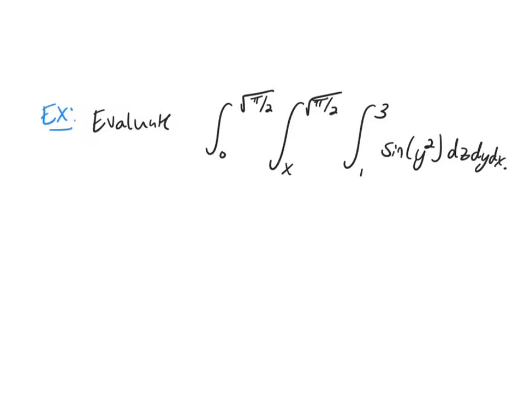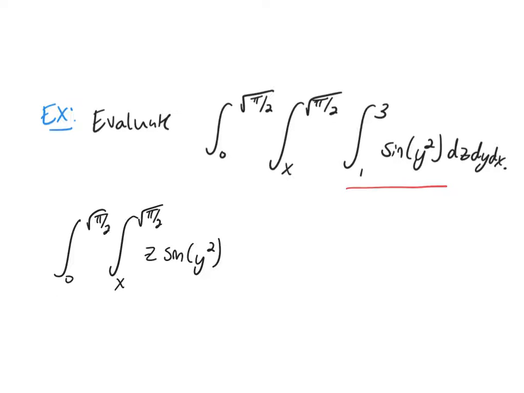So if you look at computing this first integral here, there's no z. So when I integrate that, I'll get a z times sine of y squared, from 1 to 3.